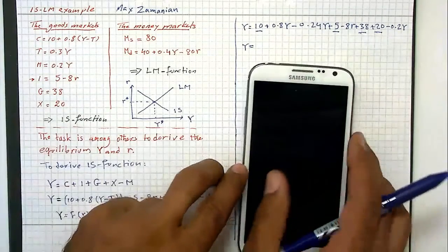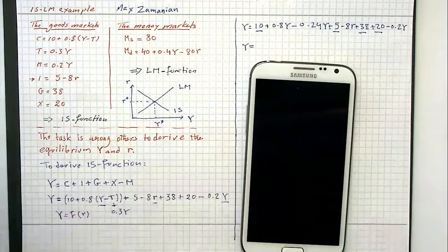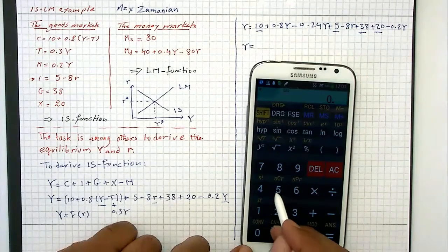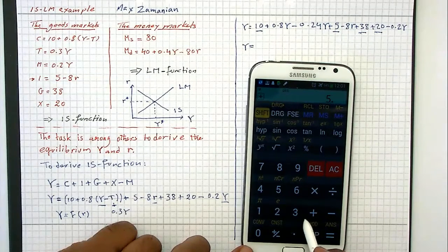I can do it in my calculator so you can see how it is.